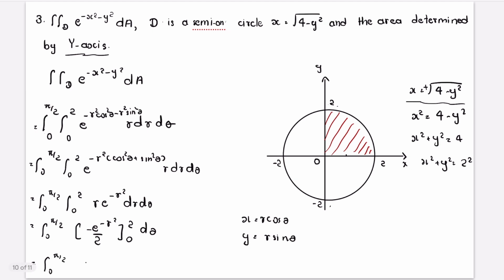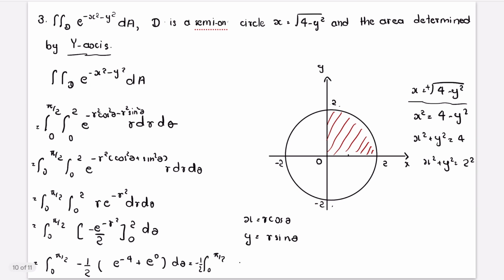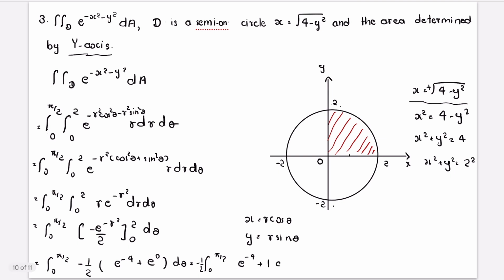So let's substitute, minus 1 by 2 out. So minus e power minus 4, no, sorry, there is no minus because, yeah, plus, what is e power 0? Minus 1 by 2 into e power minus 4 plus 1 d theta.